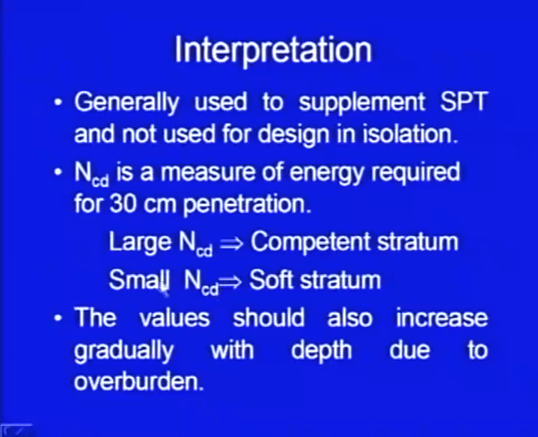If the NCD is small, then the stratum will be soft, it may be loose, it may be incompetent. And these values in general should also increase gradually with depth due to overburden, as I discussed in the case of the SPT analysis. As you have higher and higher overburden, the confining stresses will increase, and because of the confining stresses, the strength will increase. So, you are expected to get higher penetration resistance.